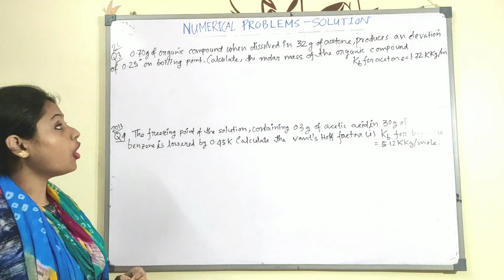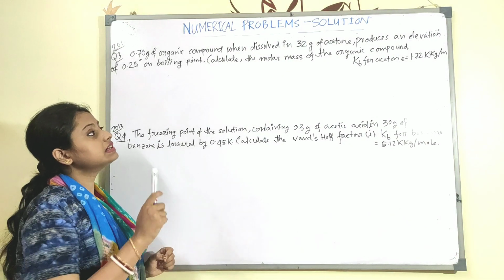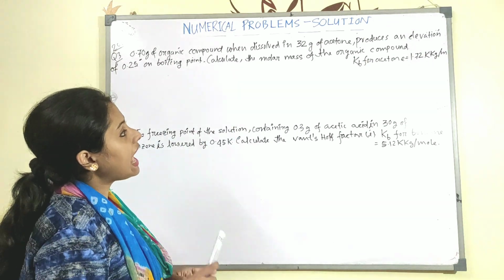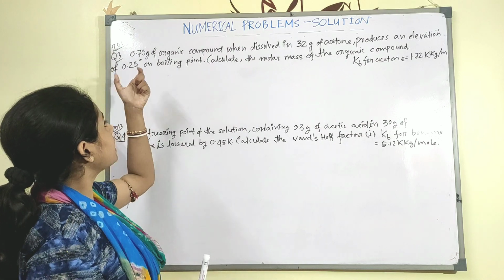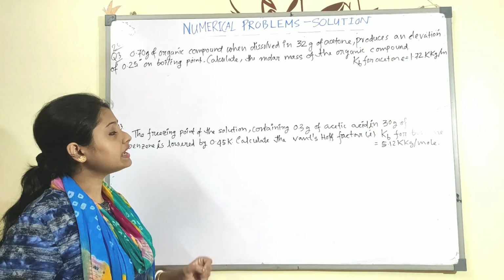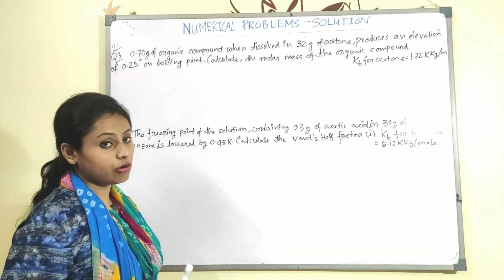0.70 gram of organic compound when dissolved in 32 gram of acetone produces an elevation of 0.25 degree on boiling point. Calculate the molar mass of the organic compound.